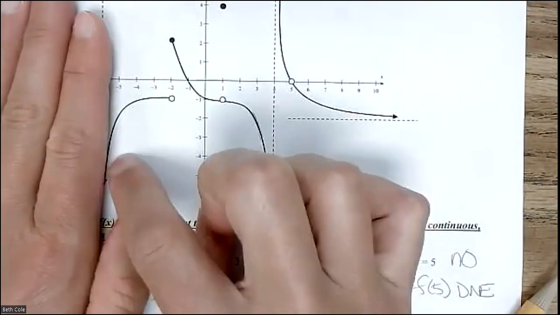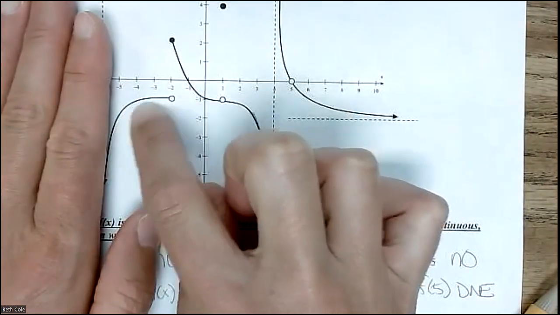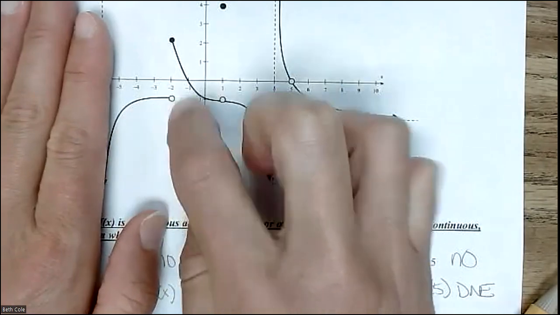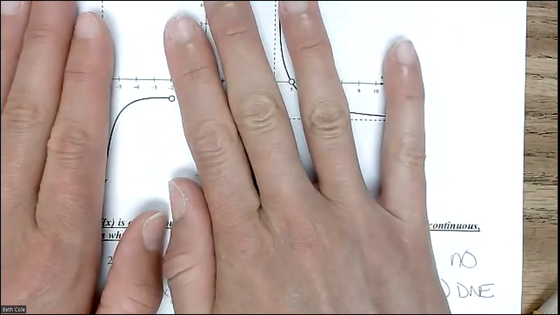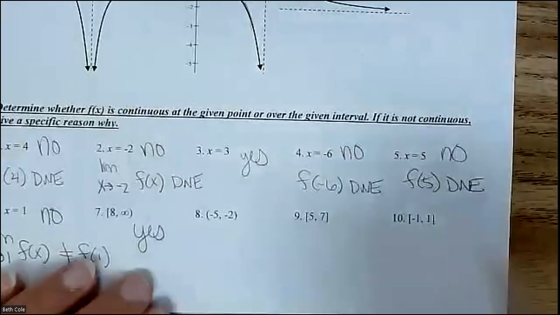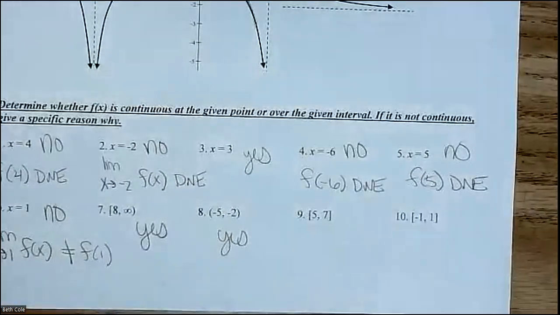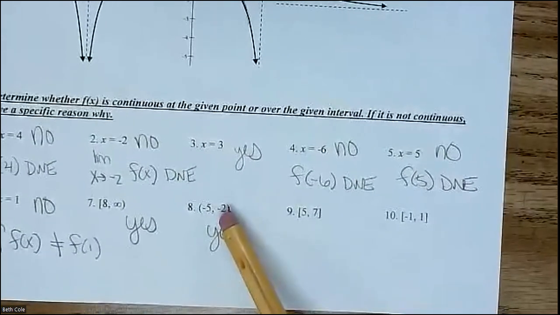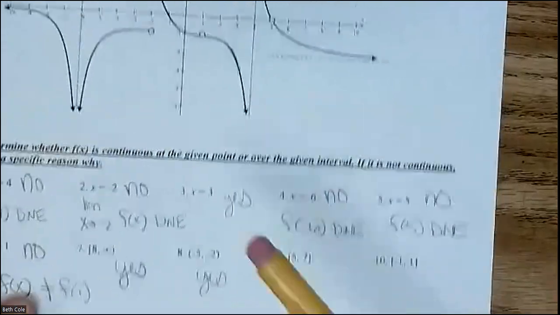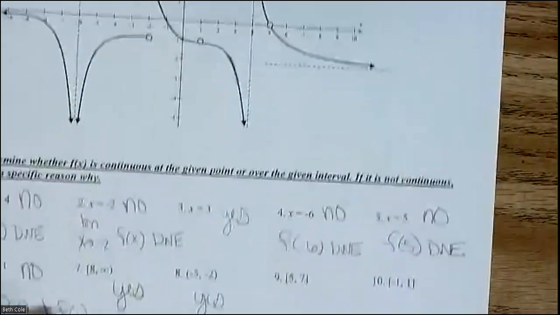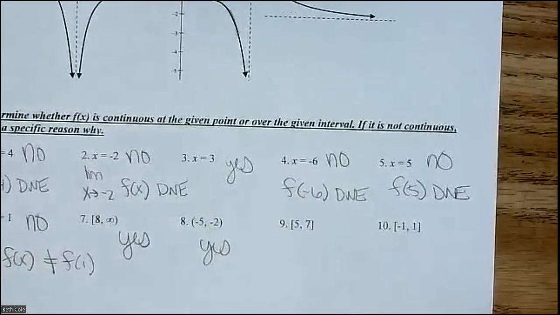Are we continuous in between -5 and -2? Yes. It doesn't matter that there's a hole there because of the parentheses. We're not including it. So that is continuous. Follow-up question, if there were brackets, then it would be discontinuous because at the -2, you'd have a hole. But we kind of lucked out there. We can just say yes.